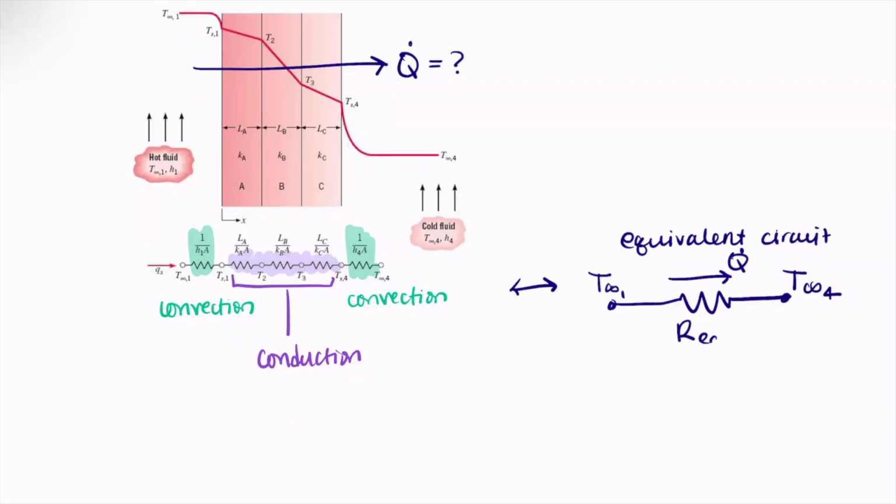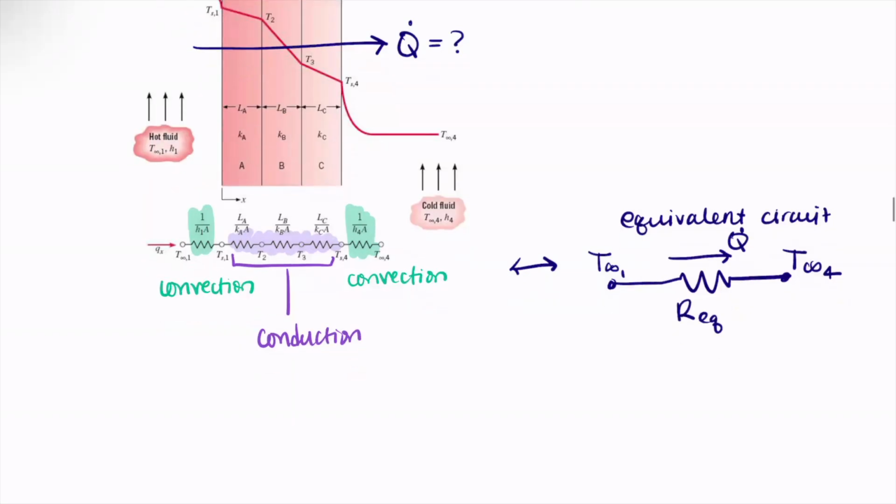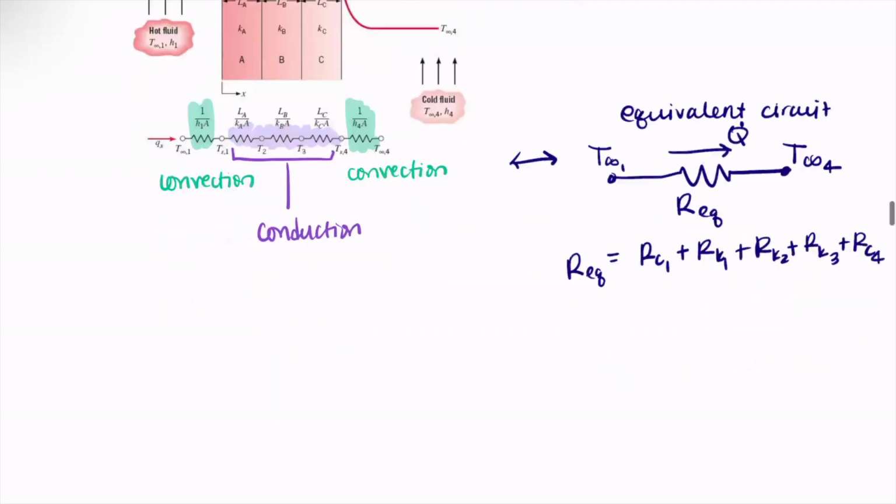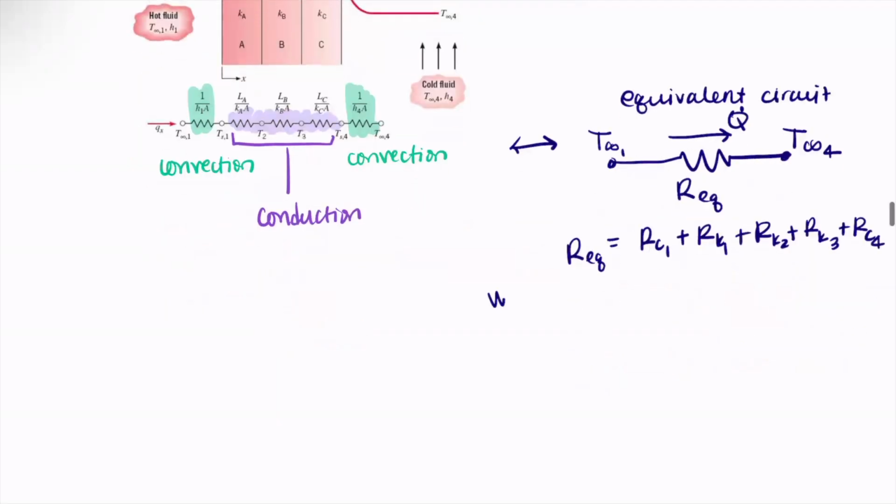And then this equivalent thermal resistance is just RC1 plus RK1 plus RK2 plus RK3 plus RC4. Where we have the following.